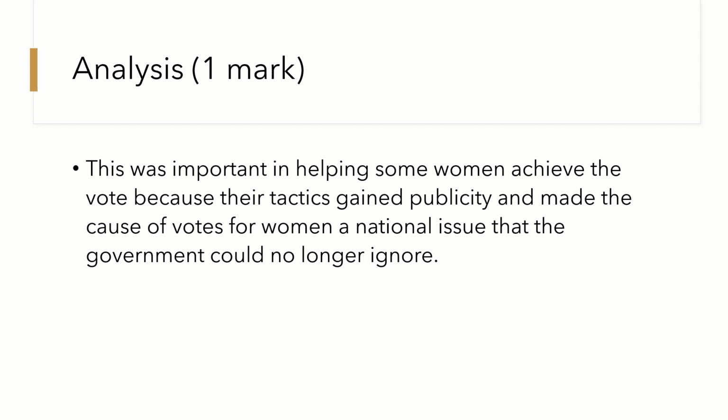So I would then say this was important, and there are sentence starters for analysis, which I'll bring up in a couple of slides, but a basic or standard way to always start your analysis is with this was important because, or this was important in helping some women achieve the vote because their tactics gained publicity and made the cause of votes for women a national issue that the government could no longer ignore. This is analysis and this would get you 1 mark. And again, you can use this example in your paragraph.